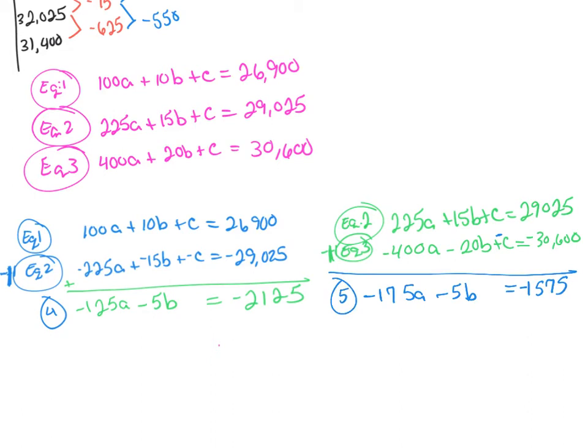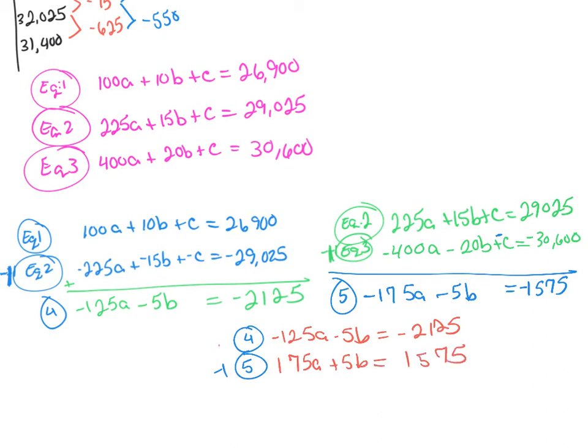Then we take those two and eliminate another variable. And it looks like our b values are almost opposite. So let's use equation 4 and 5. And we're going to multiply equation 5 by -1. So equation 4 is negative 125a minus 5b equals negative 2,125. Equation 5, we multiply by -1, is 175a plus 5b equals 1,575.